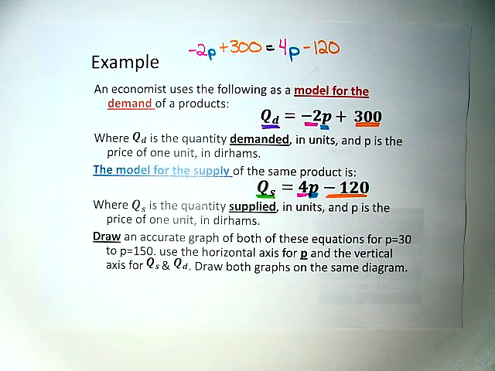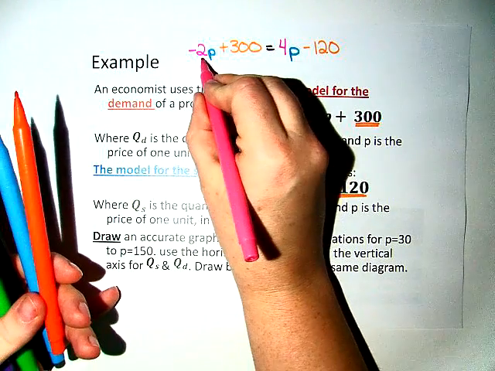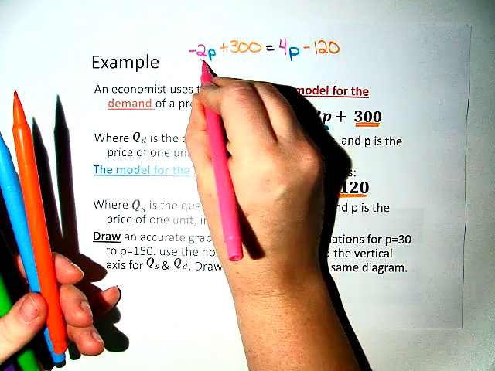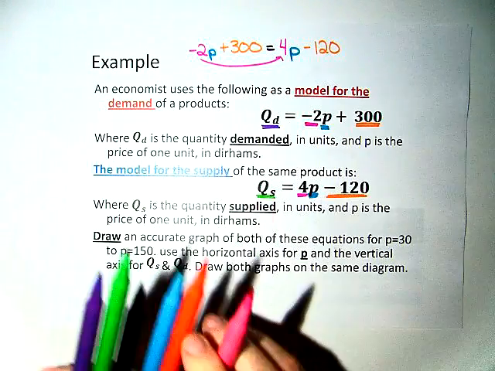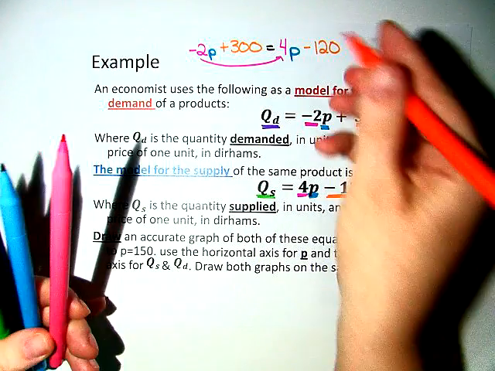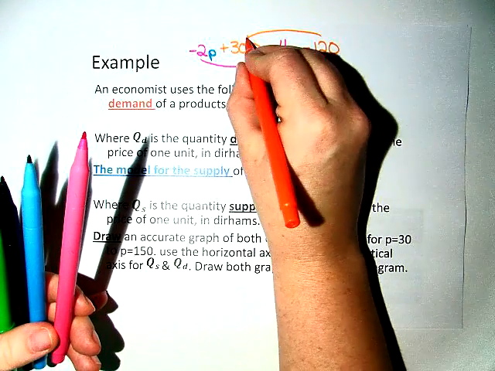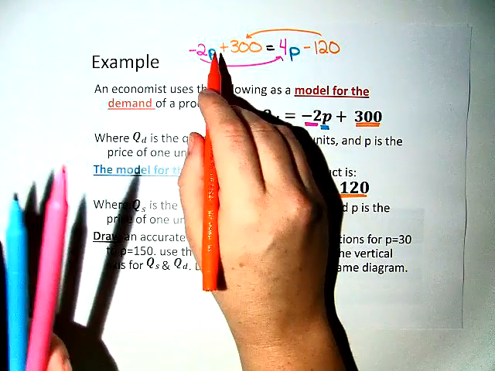Now in order to solve this, we need to do a few movements. The first thing I want to do is move the -2p over, because when we move it over, it will become positive. And then I'm going to move the -120 over, because when it comes over, it becomes positive as well.